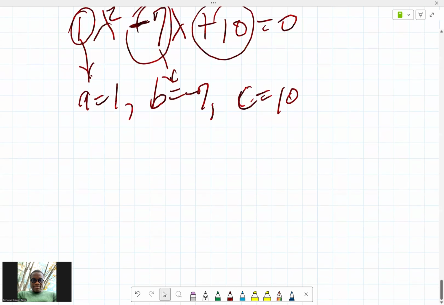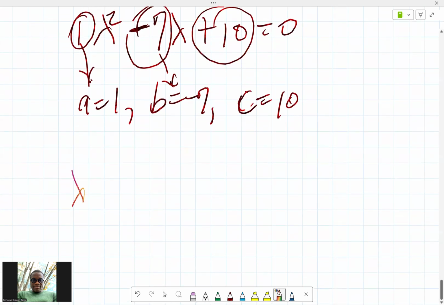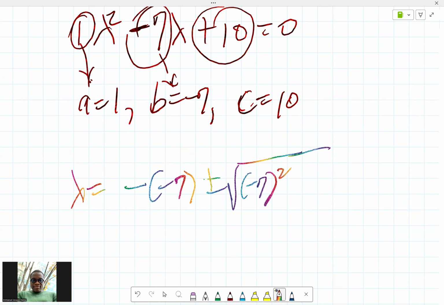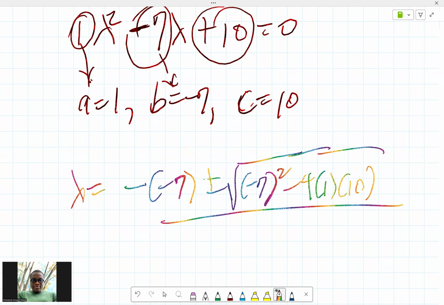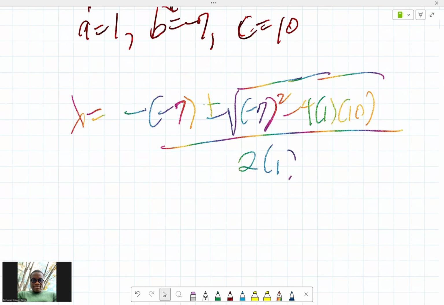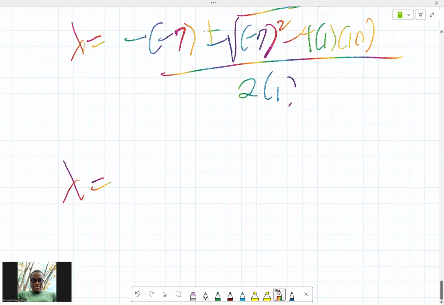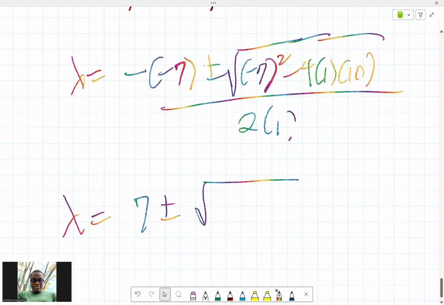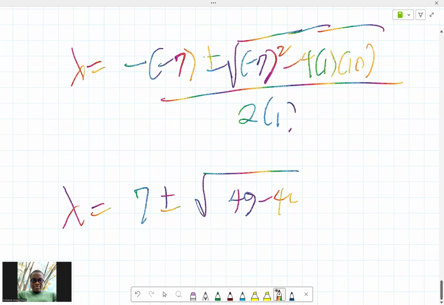So if you do that, then lambda is equal to minus minus 7 plus or minus the square root of b squared, that's minus 7 all squared, minus 4 times 1 times 10, all over 2 times 1. So that lambda is equal to 7 plus or minus the square root of 49 minus 40, all over 2.